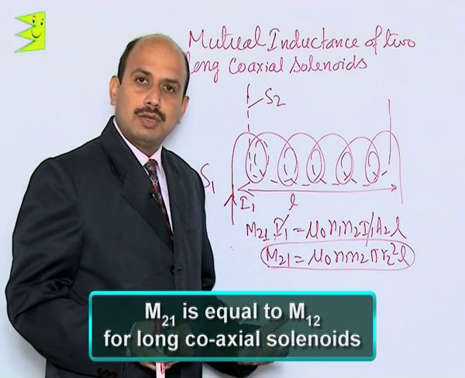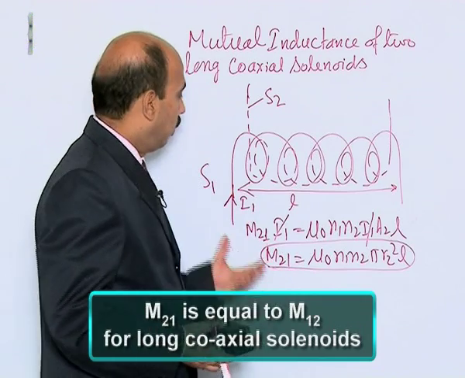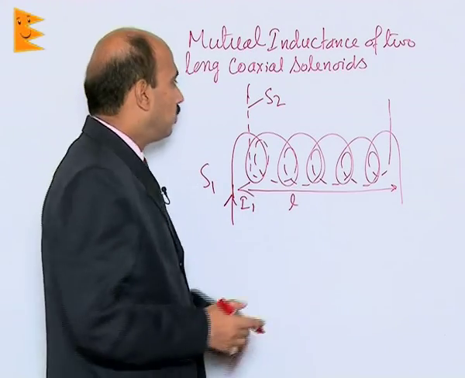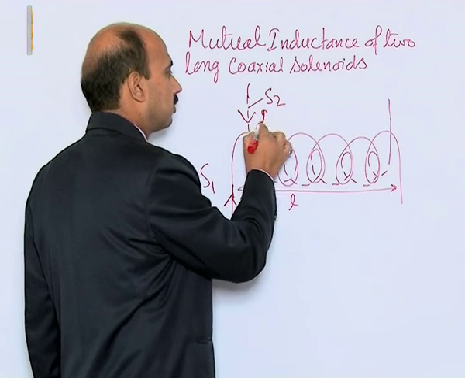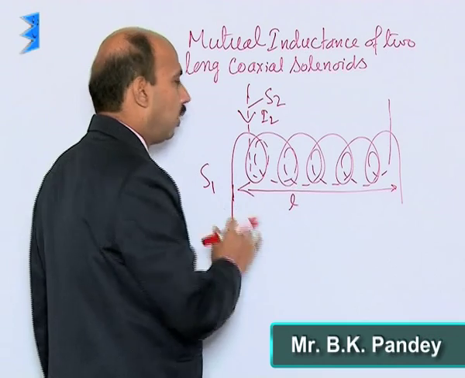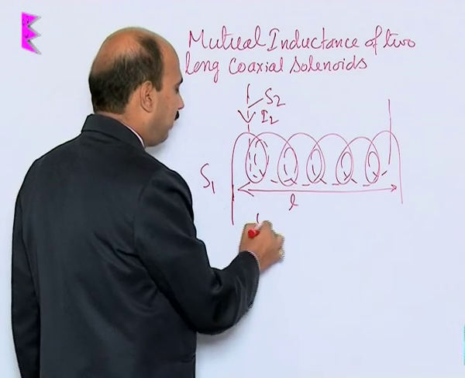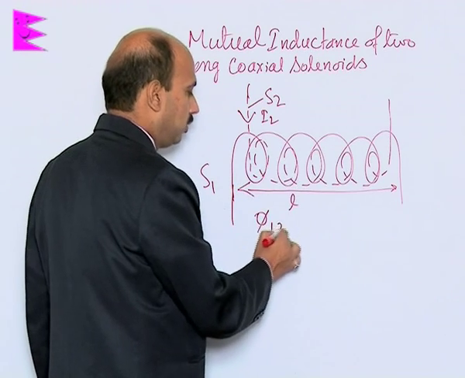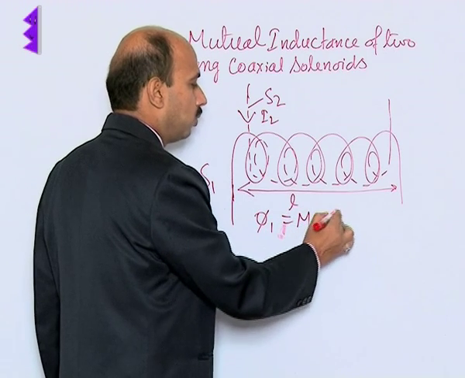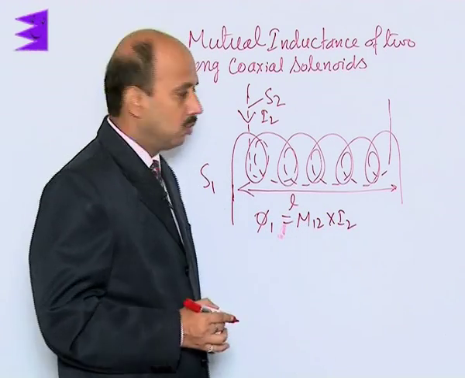Similarly, we can calculate the mutual inductance of coil 1 with respect to coil 2. Suppose current I2 flows through coil 2 and there is no current in coil 1, then the magnetic flux linked with coil 1 is equal to M12 into I2, the current flowing through coil 2.